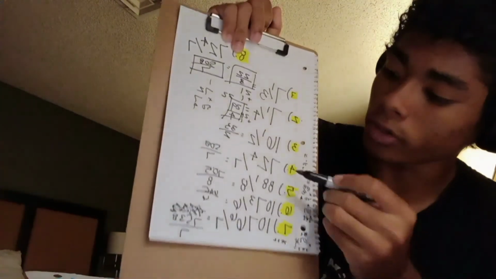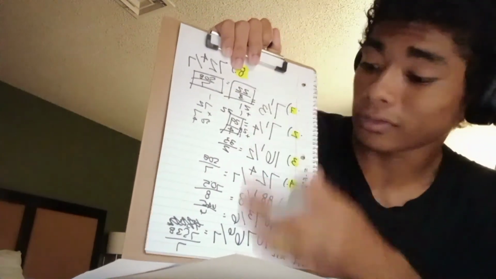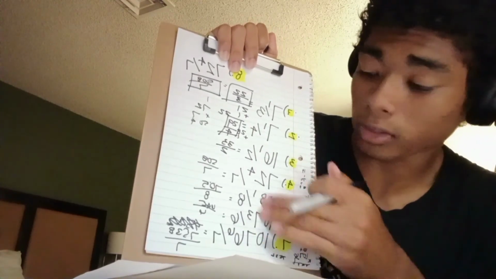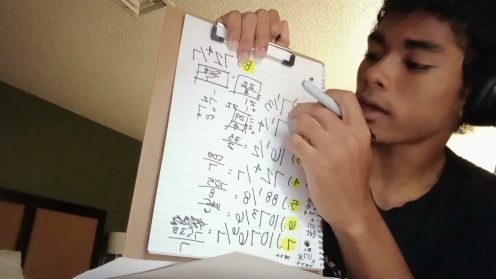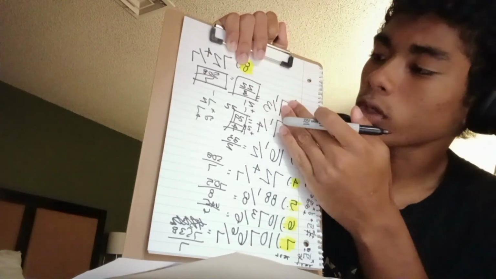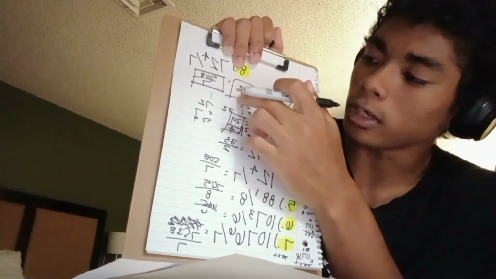All you're doing is 7 times 3, you got 21, and then you just add the 1, and 22 will be at the top and 3 will be the denominator.